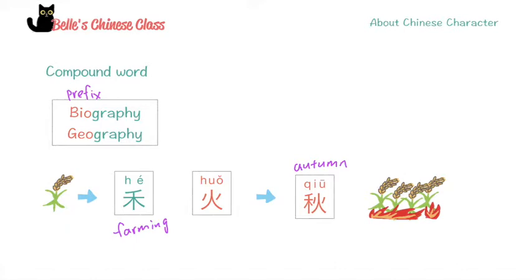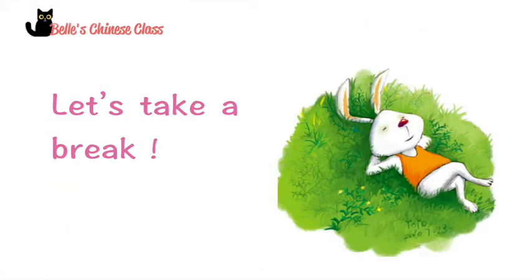Knowing the background, you will find every character actually makes sense and comes from real life, doesn't it? This background will help you better understand Chinese characters and learn to write them. Let's take a break and we'll come back to learn how to write Chinese characters.